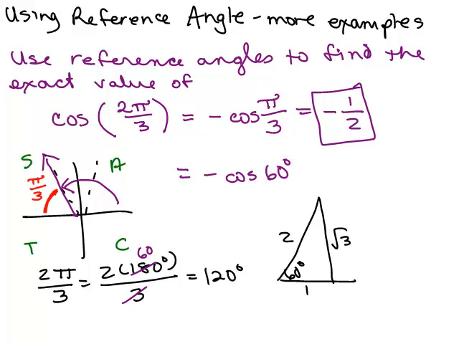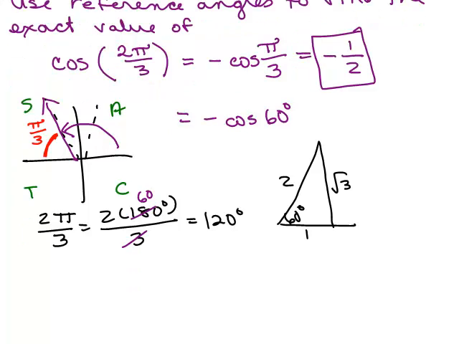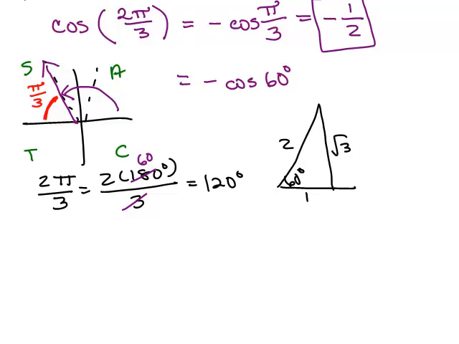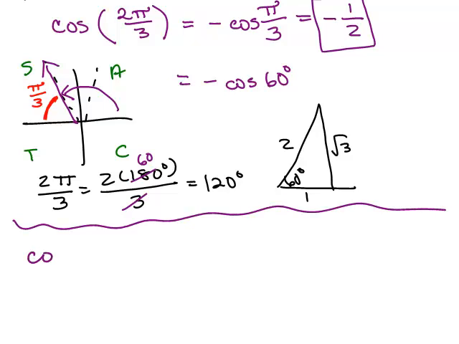Now the way I do this is I don't use reference angles. So just so you can see, there's a different way to do exactly the same problem. I start out the same. I draw the picture where it is, and it's over here.